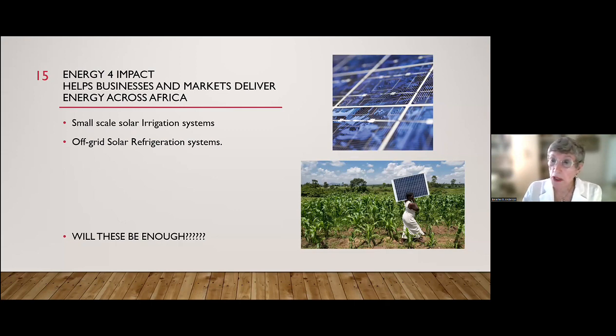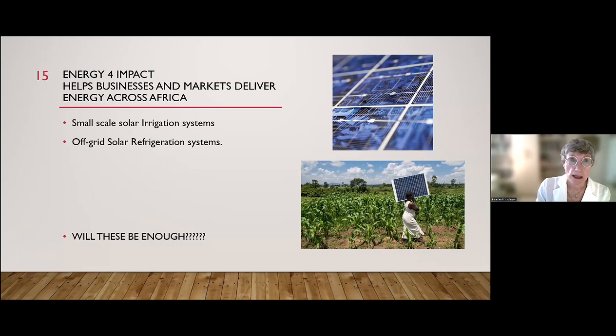If you notice the picture in the bottom here, this is from their website. It shows a local woman farmer with her solar panel, which is transportable. Now, if they could get the irrigation systems up and running with solar power, they could produce more crops. And I think this is a real benefit.